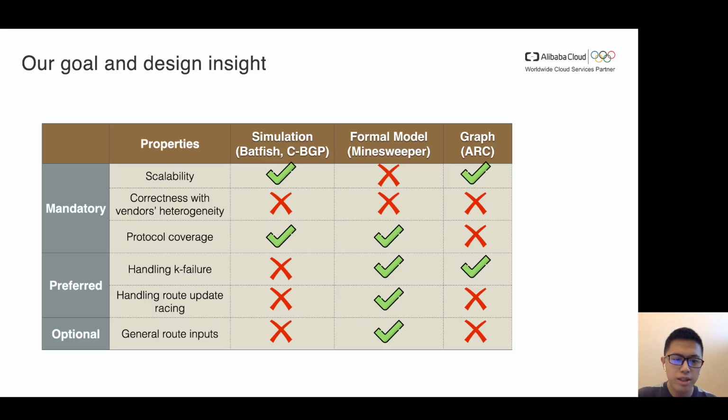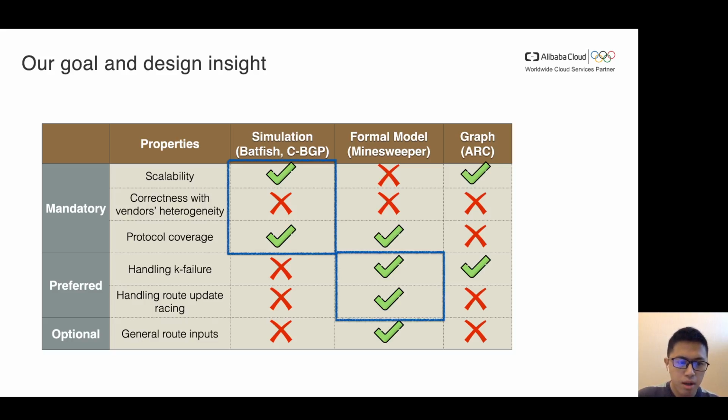We want to extract a design insight to meet these properties, especially mandatory and preferred properties. We analyzed and tested the state-of-the-art solutions, like Batfish, Minesweeper, and Tiramisu in our network to see their performance. In general, we noticed simulation solutions like Batfish are scalable in large networks, but very slow in handling preferred properties, such as k-failure tolerance verification.